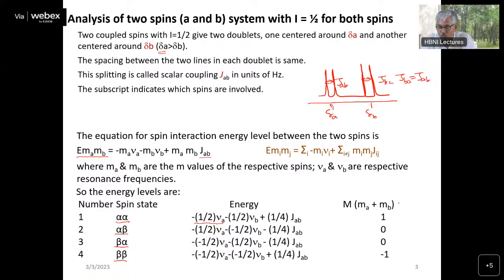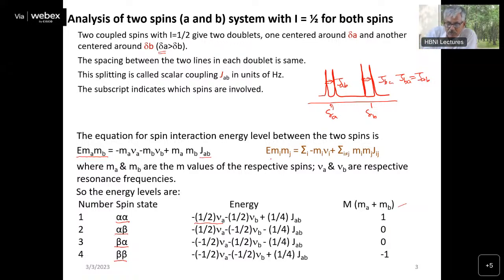I have also given the total M values. If you remember, yesterday I was using this total M value, the summation of MI. Here we only have 2 spins, so I have considered the M value of 2 spins. When both are in beta, it is -1. When both are in alpha, they are +1, and in both the other cases it is 0, because one is alpha and another is beta.